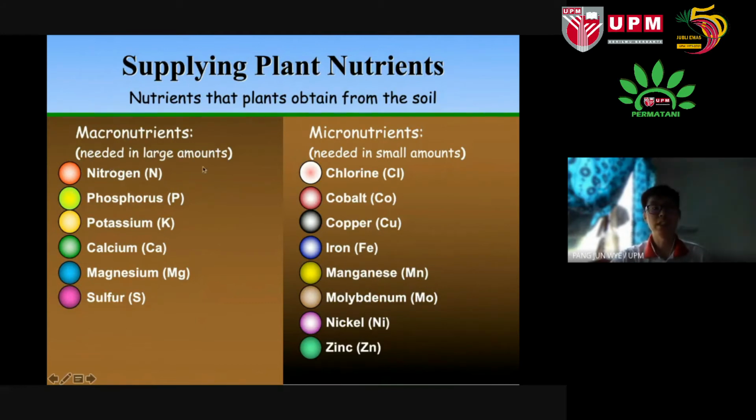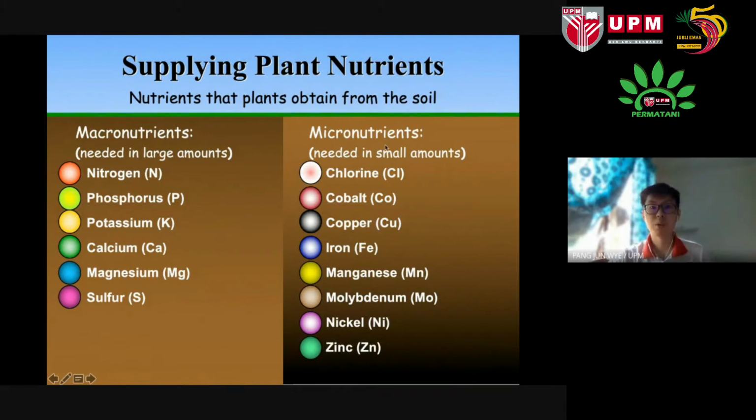Macro means needed in large amounts, so a plant compulsorily needs these in large amounts. It can't be minimized into small amounts. Examples of macronutrients are nitrogen, phosphorus, potassium, calcium, magnesium, and sulfur.